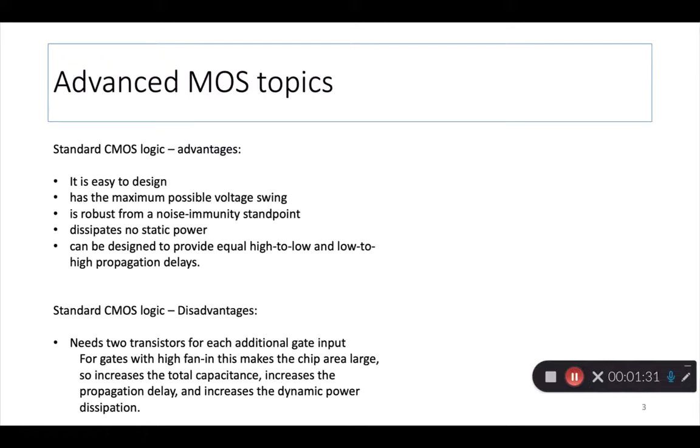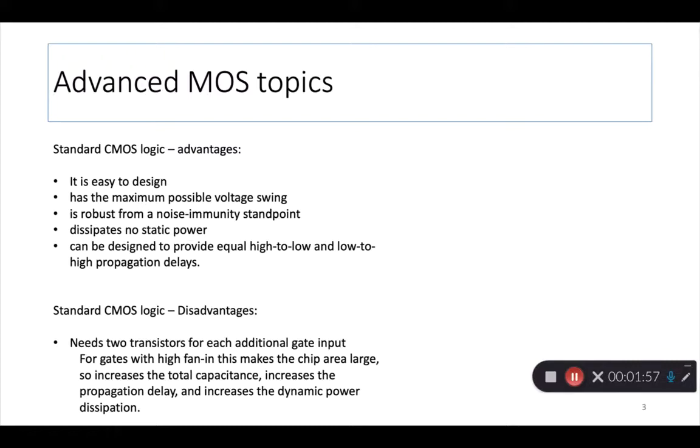All right. So this is a continuation of what we have done so far with CMOS and MOS in general. We've learned a lot about MOS and CMOS. We've seen a lot of advantages to CMOS, but we've also seen that there are a few problems with CMOS also.